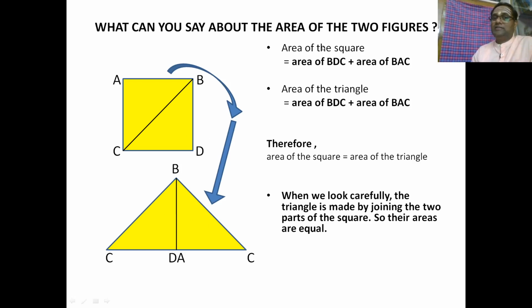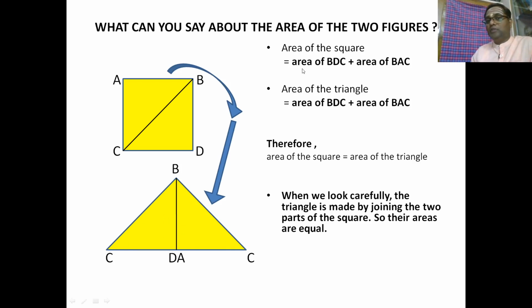Yes, because the area of the square is equal to the area of triangle ABC plus triangle BDC, and the area of the triangle is again equal to the area of triangle ABC plus the area of triangle BDC.